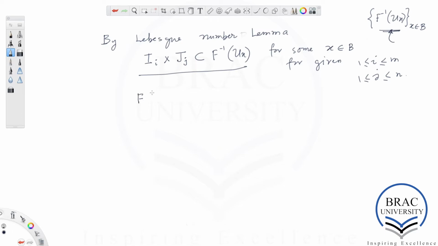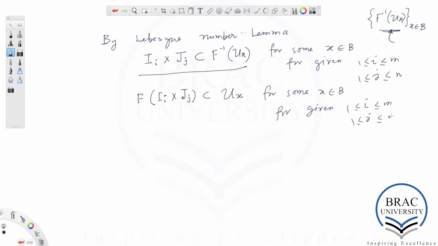We act f on both sides to see that f of this rectangle is going to be contained in u sub x for some x in B, for given i between 1 and m and j between 1 and n, where this u sub x is evenly covered by p, with u sub x being evenly covered by p. Okay, good.